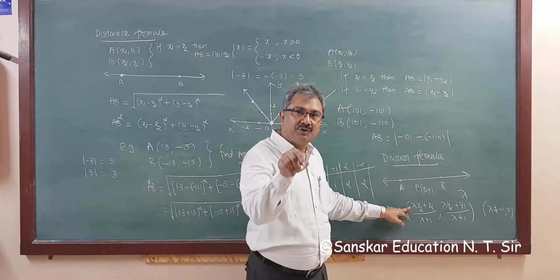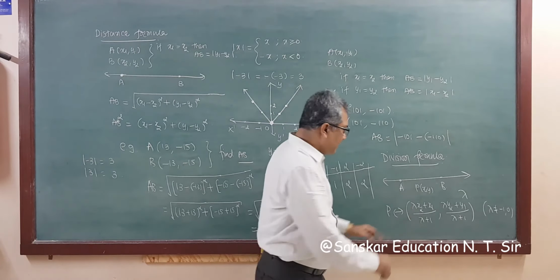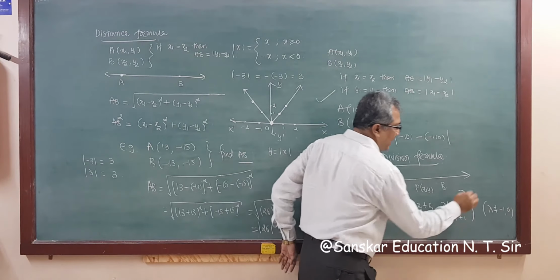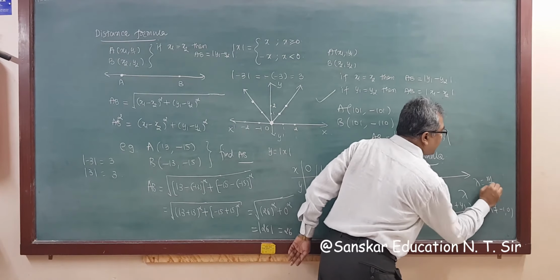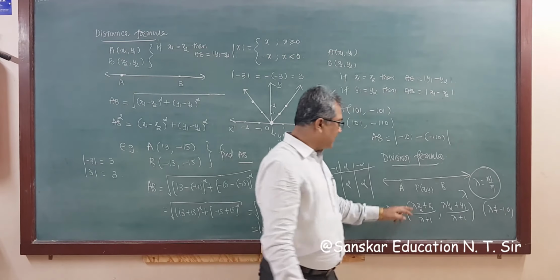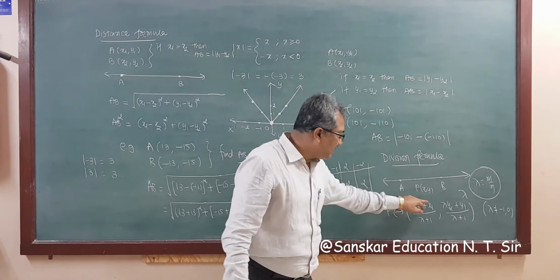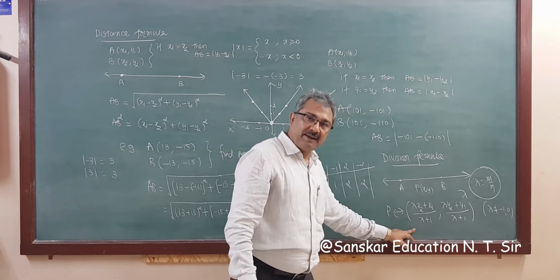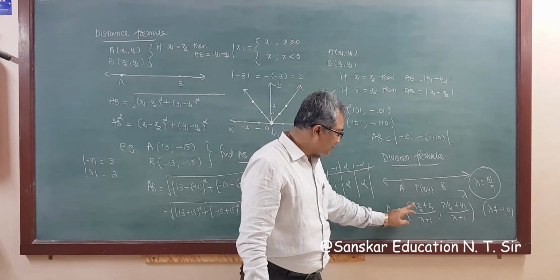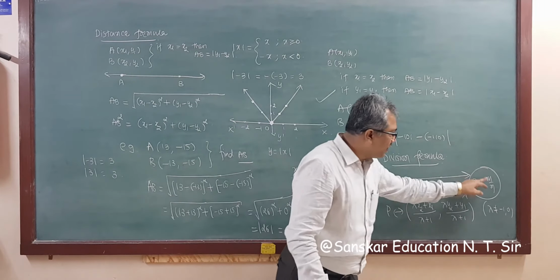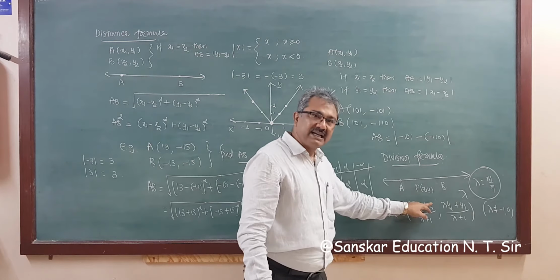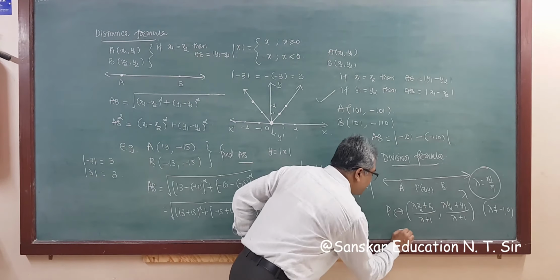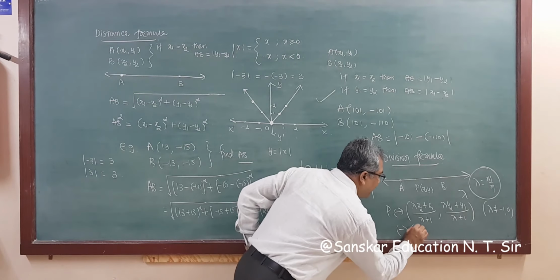I think you are using the lambda is equal to m by n formula. If we substitute lambda is equal to m by n, then your formula will be (m x2 plus n x1) upon (m plus n), right? And similarly (m y2 plus n y1) upon (m plus n). So in this, both formulas are same.